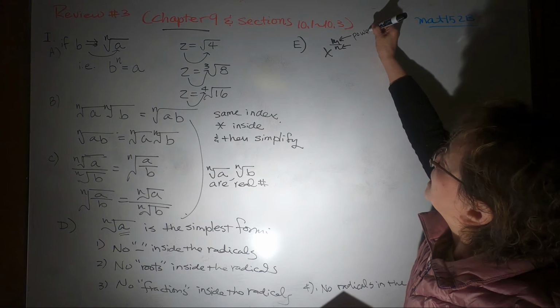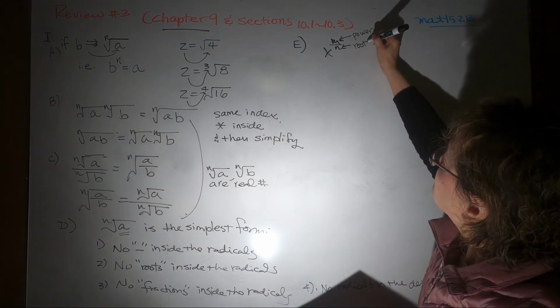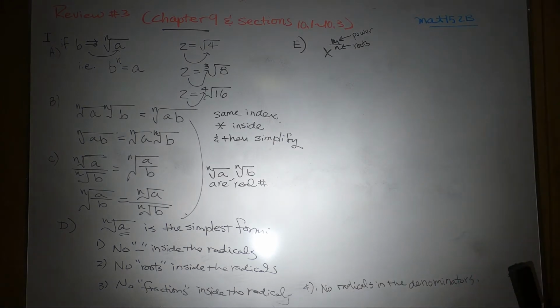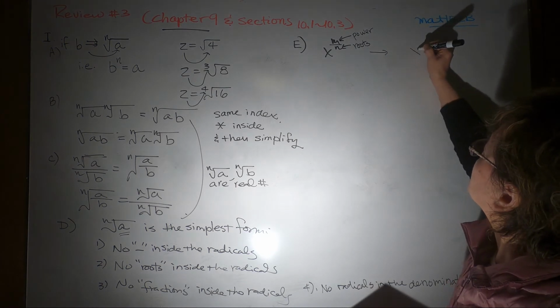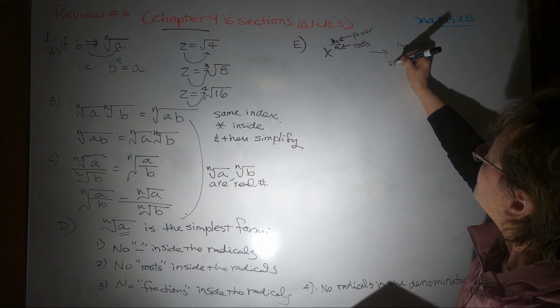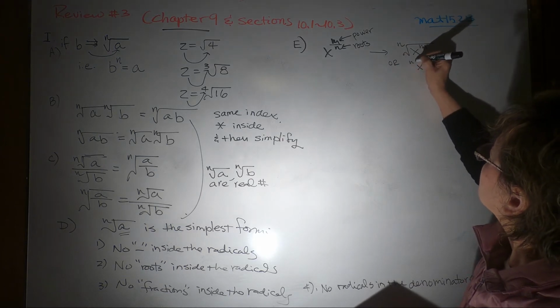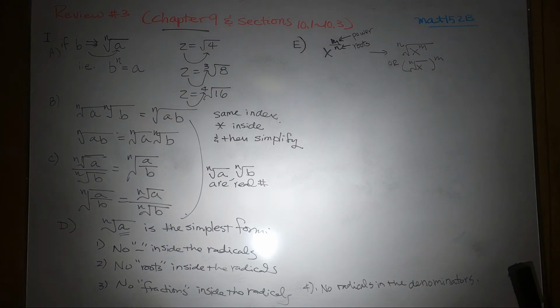The power, regular, right? The bottom one means the roots. Okay, so it means what? It can be written as the power and the root, or you can do the root first, then do the power. They end up the same thing.